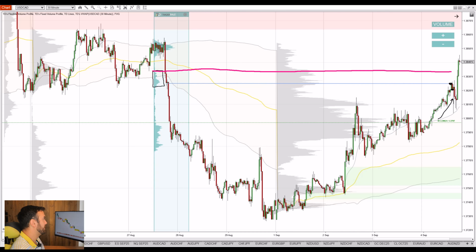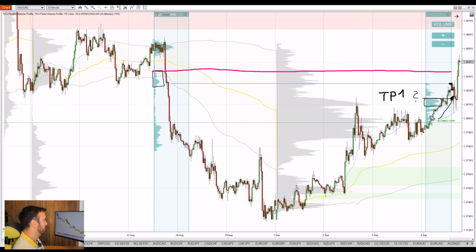If there wasn't macro news, then let me show you where the take profit would be. It would either be before this heavy volume cluster, because it was kind of standing in the way, so it would be in here, right? It was standing in the way of this short move, so a potential barrier. So that's option one.